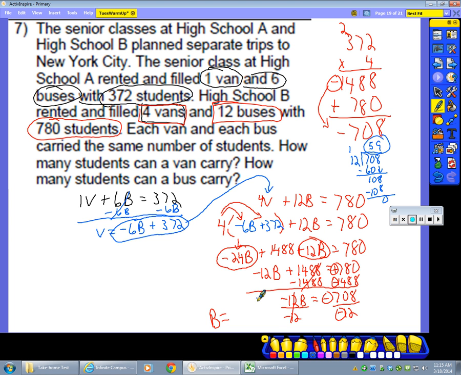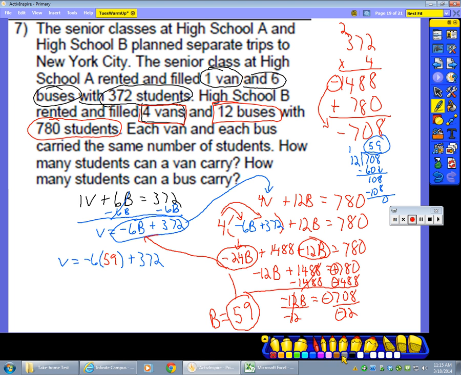So the number of people that will fit in a bus is 59. With this information, I'm going to sub 59 in for b in my equation. I'll rewrite it: v equals negative 6 times b plus 372, and I'm going to sub in 59.